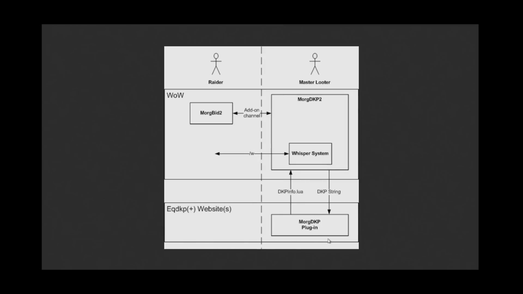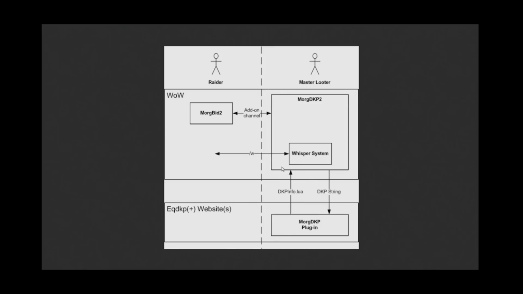It could be EQDKP original or EQDKP plus or EQDKP plus some other variant. The way it works is that the Morgdkp2 add-on that the MasterLooter is using gets the latest DKP standing from the website. It's being exported into a dkpinfo.lua file, which then the Morgdkp2 add-on reads in.